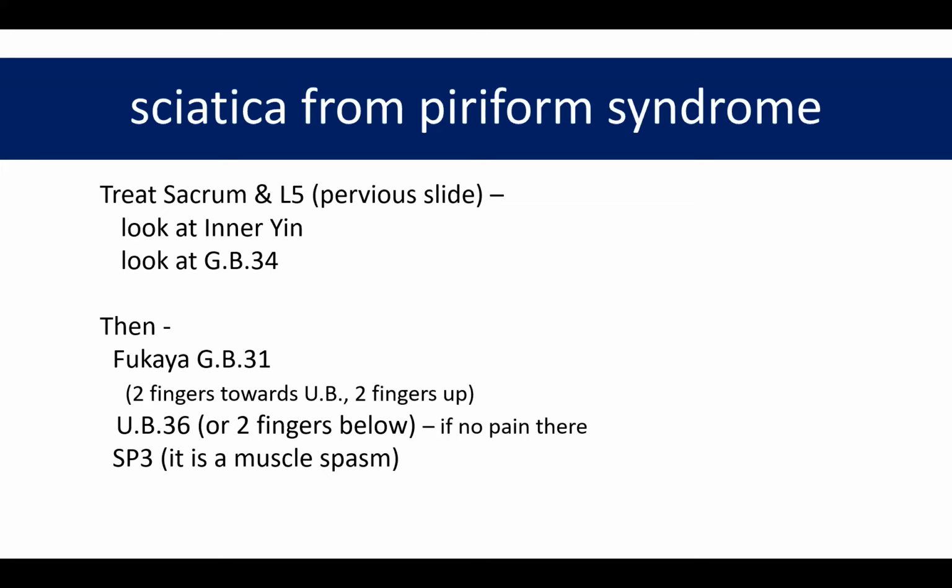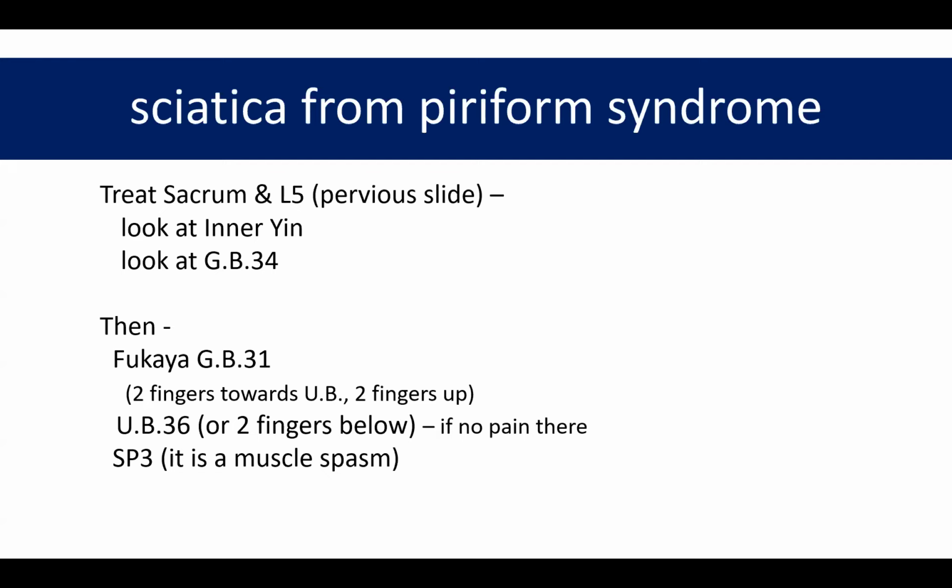Then to actually release the piriformis, use Hukaya gallbladder 31. That's 2 fingers towards the bladder channel from gallbladder 31 and 2 fingers upwards towards the buttocks. You can try regular gallbladder 31, but usually Hukaya gallbladder 31 works better.